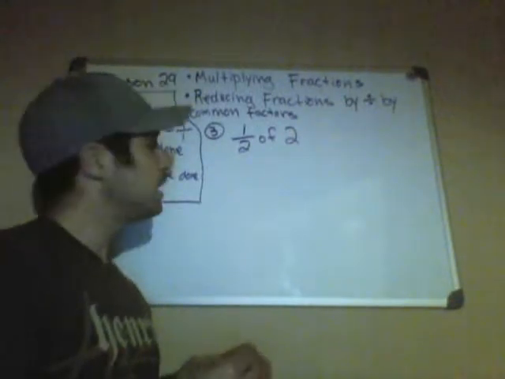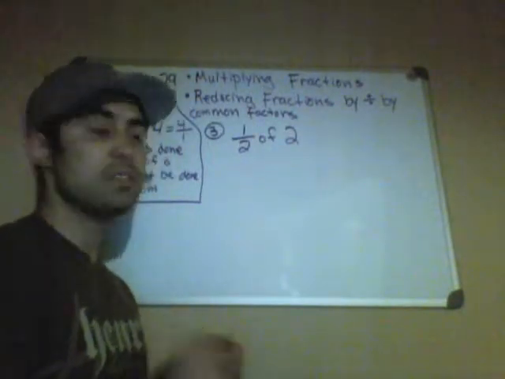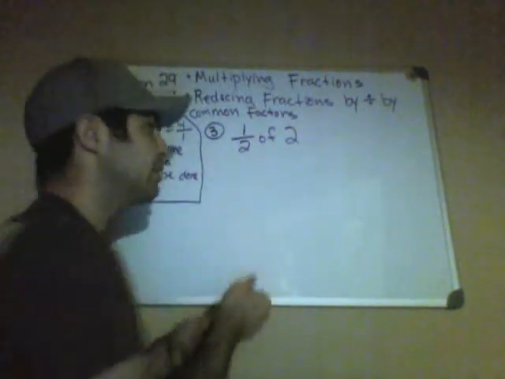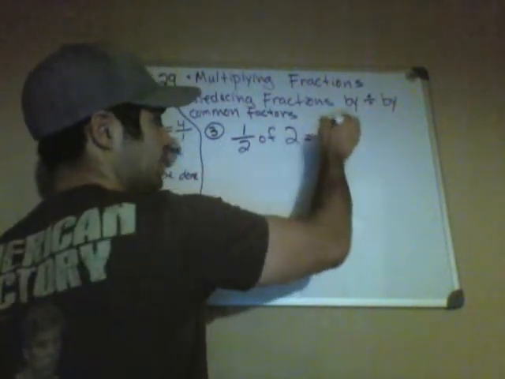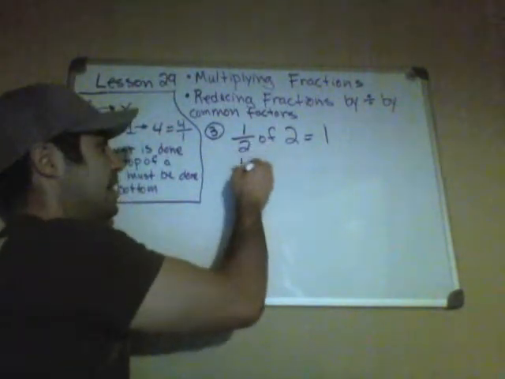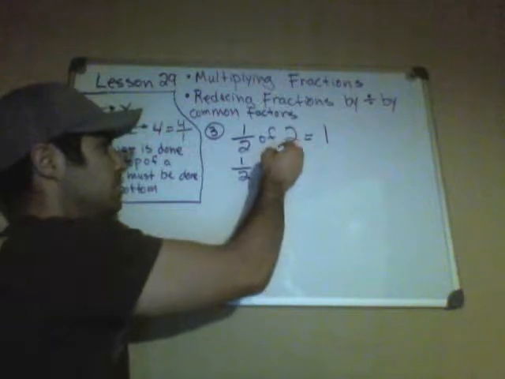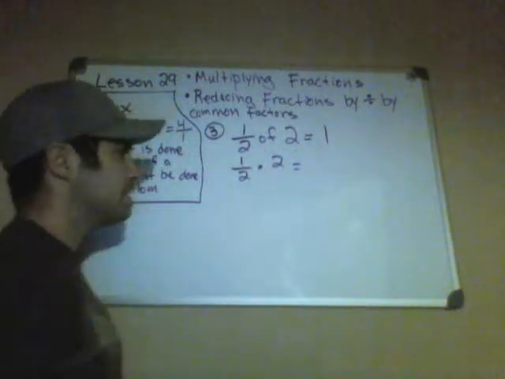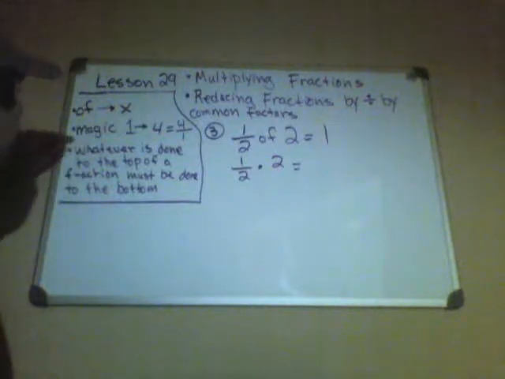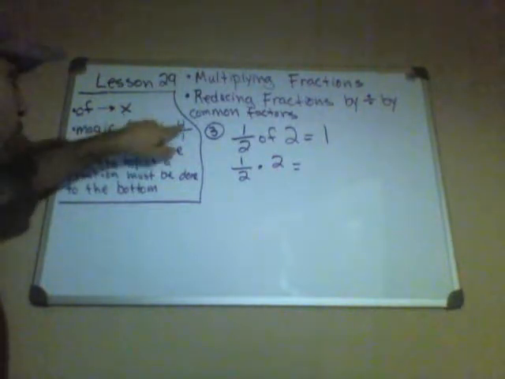Okay, here's another one. If you want half of 2 pizzas, you have 2 whole pizzas. Can you see them? If you want half of it, clearly in your head you're going to figure out, oh yeah, that's 1. Mathematically, this is how it works. 1/2 of means times of 2. Wait a second, how do I multiply that? This is where we get to our second little trick. Magic 1. Remember 4 equals 4 over 1?